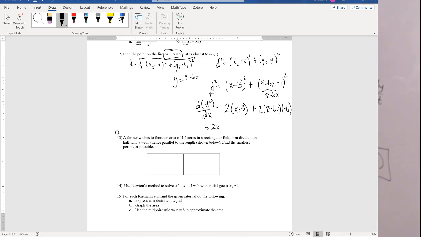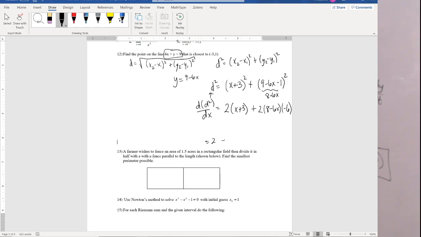So I've got 2x plus 6. And then over here we're going to have negative 12, times 8 would be negative 96, and plus 72x.